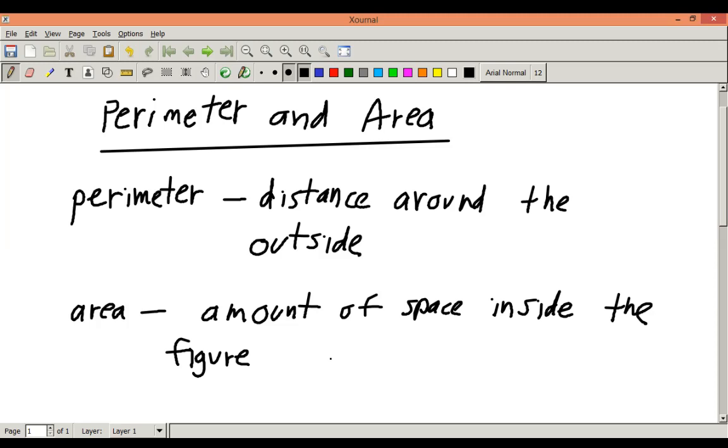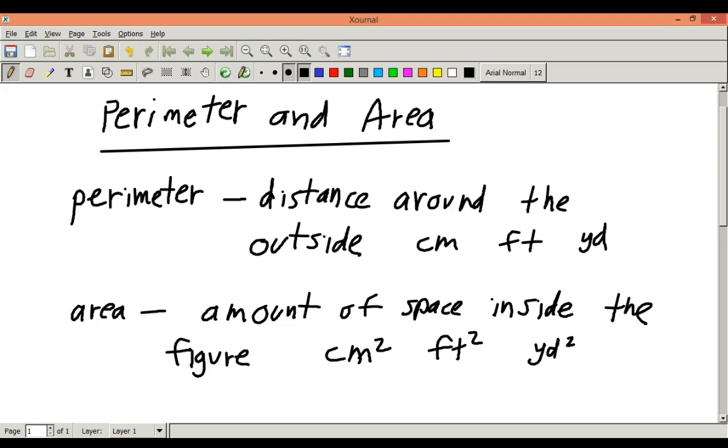So that would be typically given in square units, like square centimeters or square feet or square yards or something like that. Whereas, like I said before, perimeter is a distance that's more like just plain centimeters or feet or yards with no square on it.